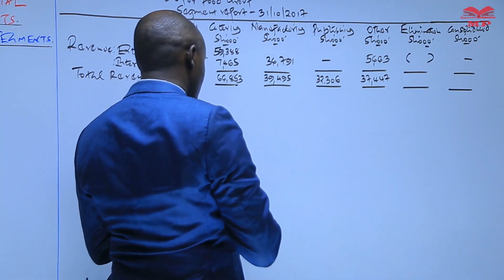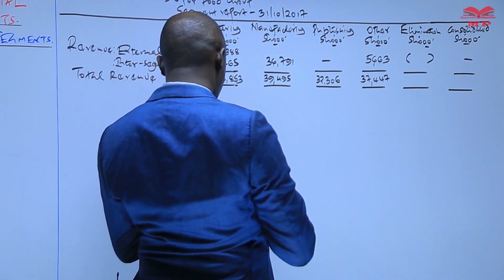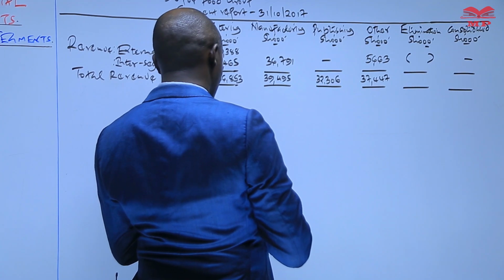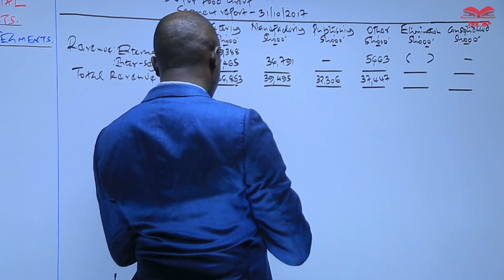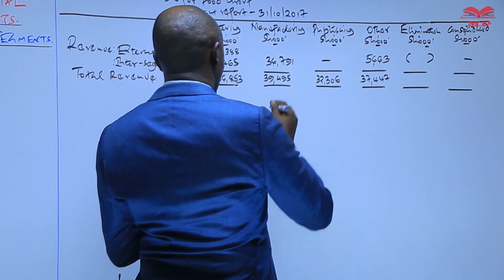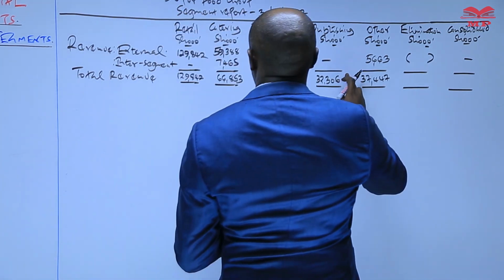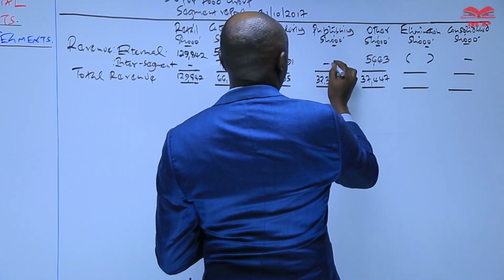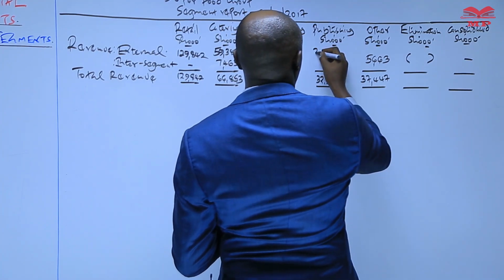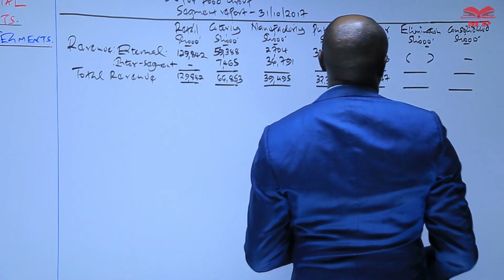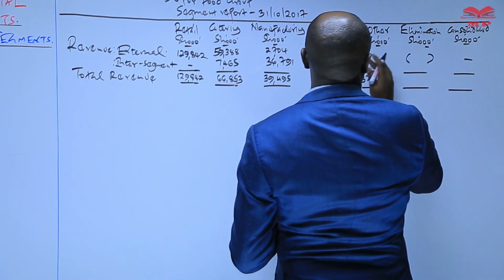We do the same here. We have 39,495 minus 36,791, and this will give us 2,704. The same case here, because we don't have inter-segment revenue, automatically the full amount of 32,306 is external. What about this one?